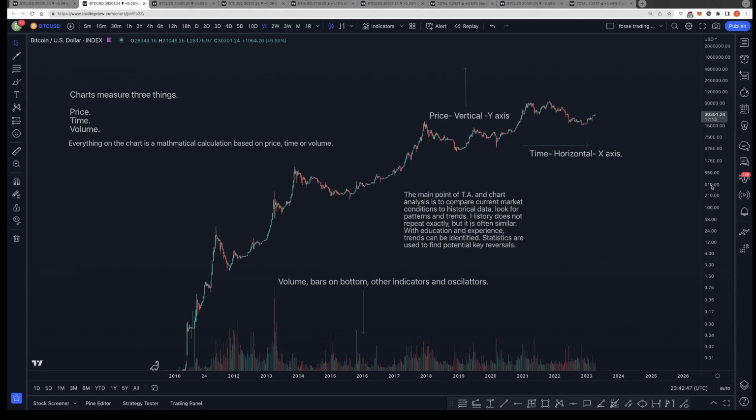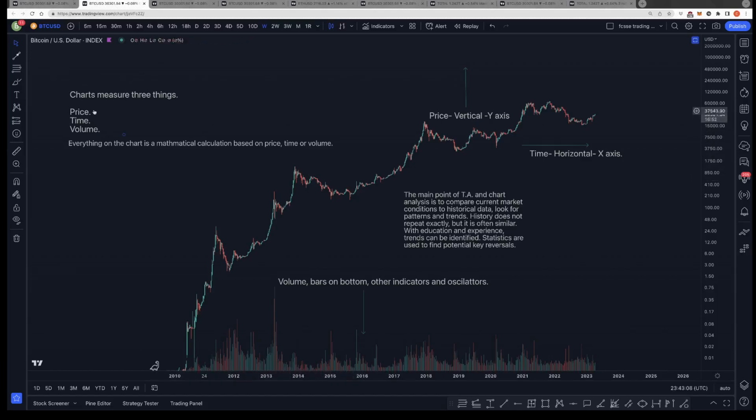So I'm just briefly going to go over what exactly we're trying to do here and what these charts do, what they measure, and the overall goal of this whole chart analysis and technical analysis. So essentially, charts measure three things.